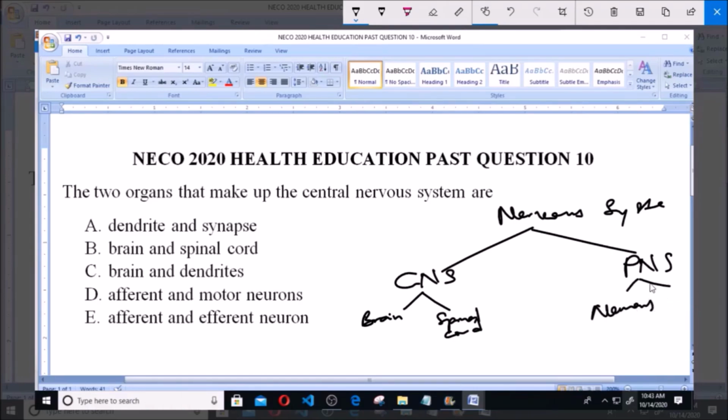Now we've gotten our answer: brain and spinal cord, which is option B.